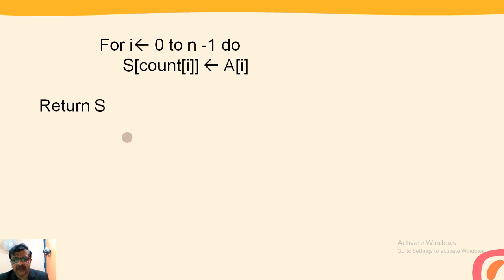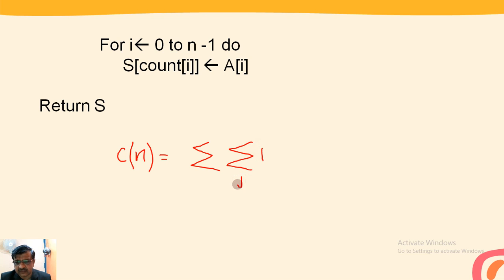As far as the complexity is concerned, the comparison is the basic operation that happens in the initial steps of the algorithm. Therefore the number of comparisons as a function of n, the input size, is one comparison, which goes from j equal to i plus 1 to n minus 1, and this is for i equal to 0 to n minus 2.